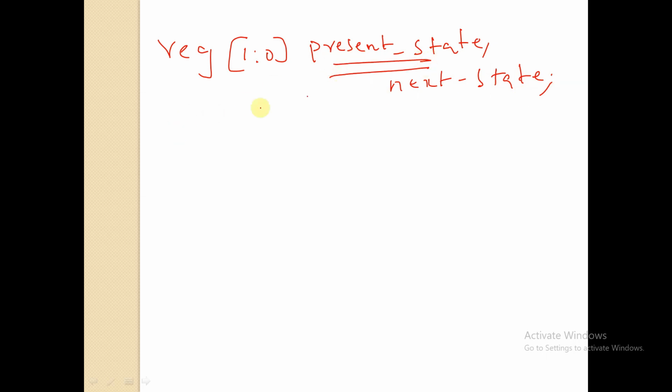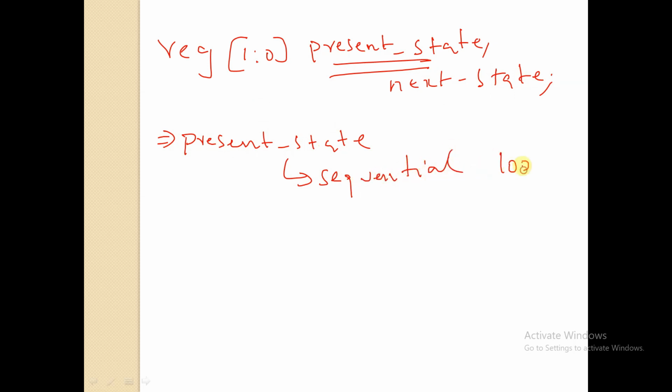The present state logic which we are going to write is a sequential logic, and the next state logic which we are going to write is a combinational logic.